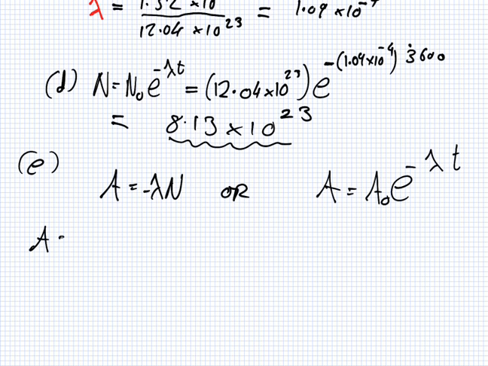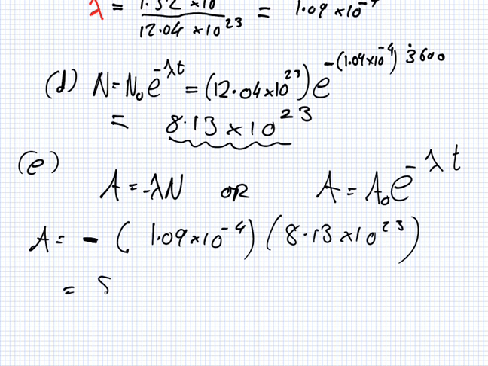So the A would equal minus, although we don't need the minus if we're saying it's a loss. Lambda is 1.09 times 10 to the minus 4, and N is 8.13 times 10 to the 23. What do we get? I would get 8.91 times 10 to the 19 Becquerel. Now you can say that this is a loss, or you can put in a minus like this.